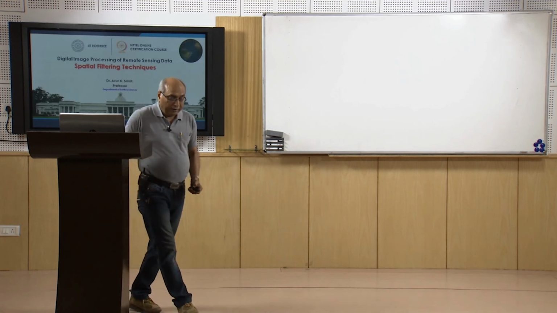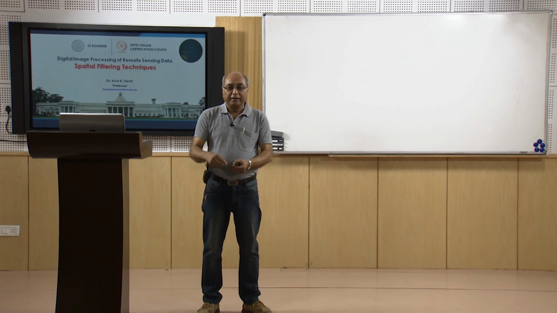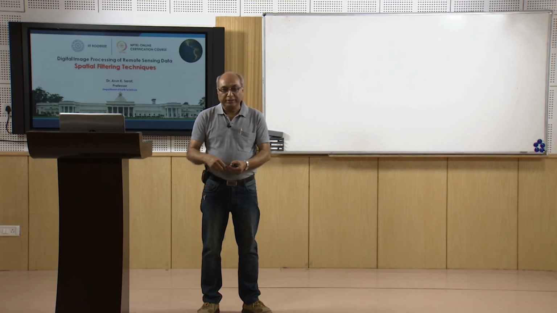So this is an example of the Roberts filter, and I would like to mention here, as I mentioned earlier, that there is no standard filter which one has to apply on each image.